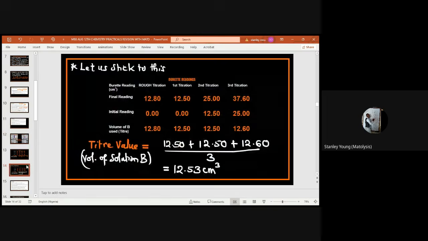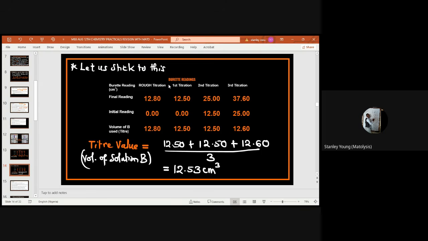So what did he do after? We titrated. After getting to the neutralization point, we have 12.8, meaning the final volume is now at 12.80. Mind you, this is the rough value, the rough titration.